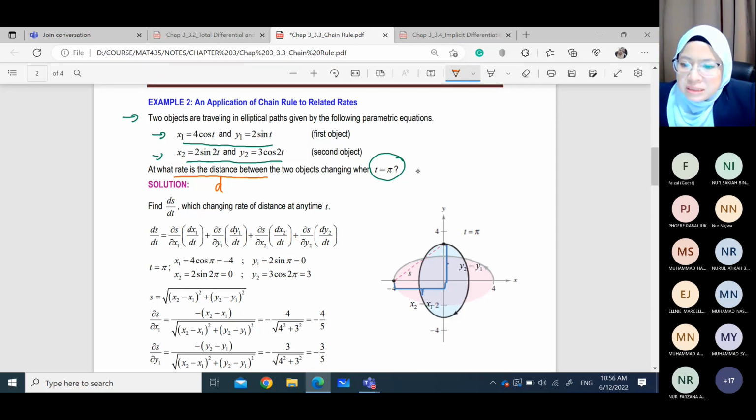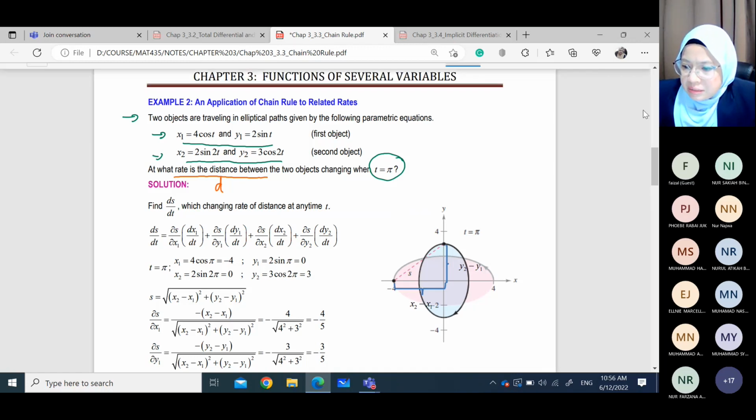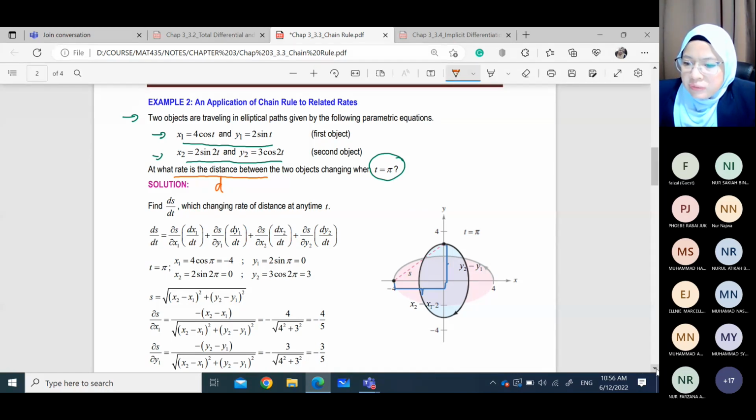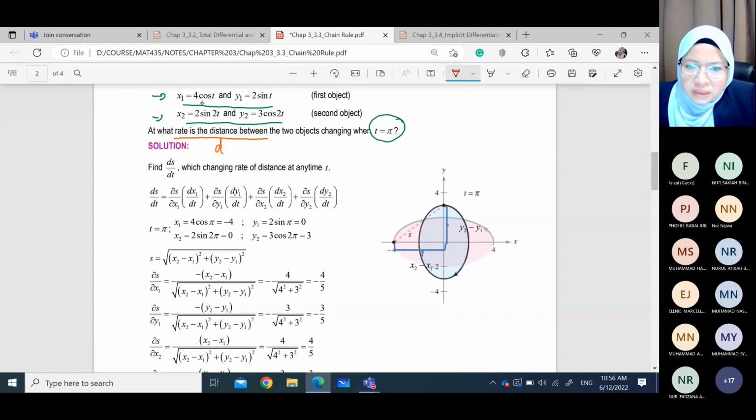Alright. So now look at this diagram. So these are the 2 objects that were mentioned before. We have 2 objects. And the first object, it is about x1 = 4 cosine t. Okay. And mana objek yang pertama? This one or this one? y1 is 2 sine t. So x1, y1.